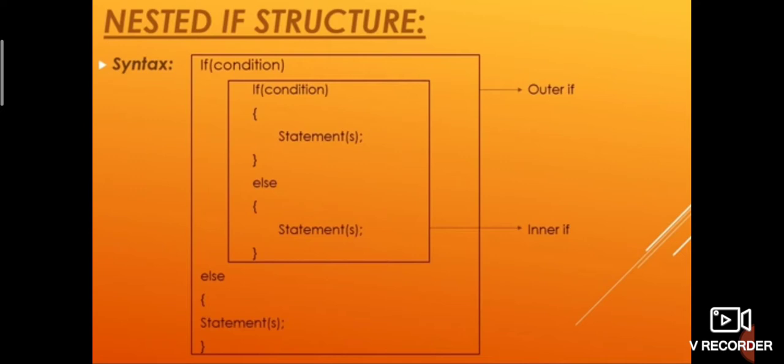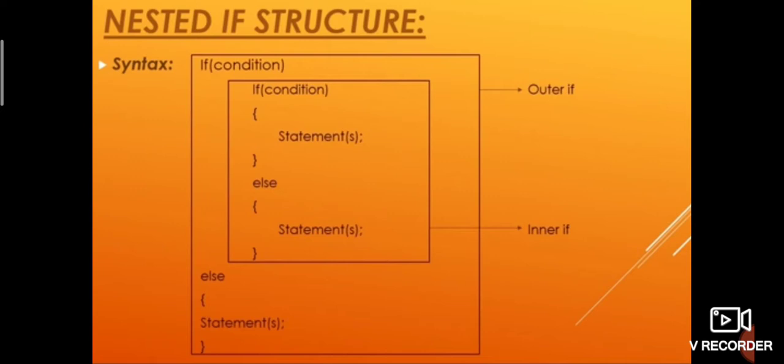Now this is the syntax. When seeing the syntax, you could see something called inner if and outer if. What is the outer if here? You have an if outside. First, the condition in the outer if will be checked. If that condition is true, then the control goes to the inner if. If the condition in the inner if is true, then the statements following the inner if will be executed.